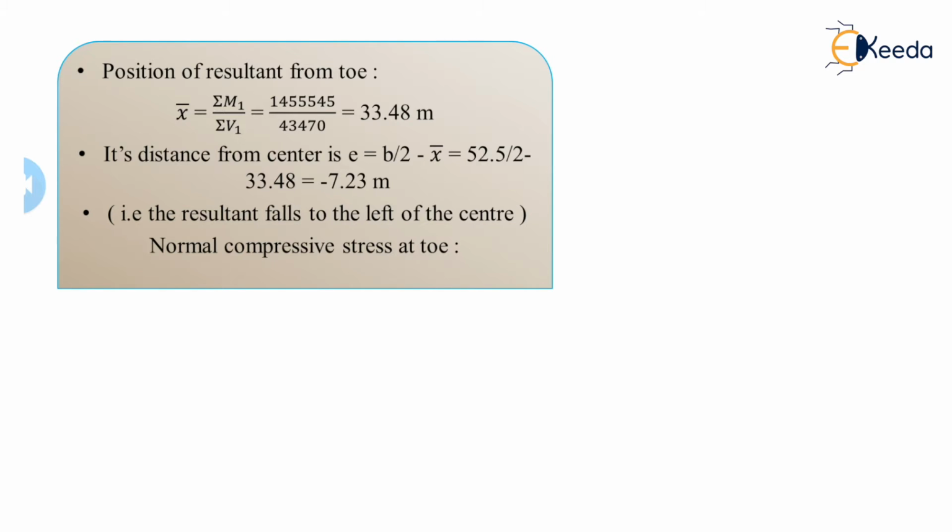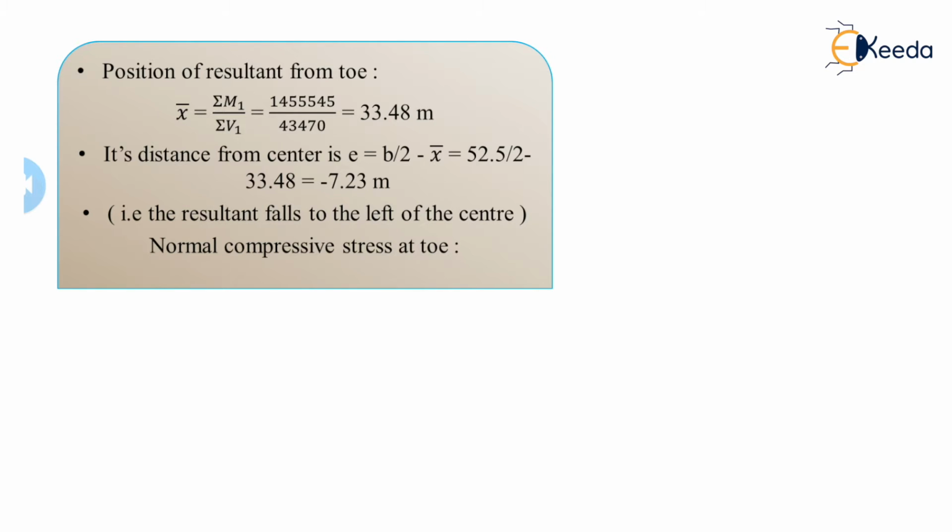That position is found using x bar equals summation of moment divided by summation of vertical forces. Summation of moment 1 means when the reservoir is empty, so we are only dealing with the self-weight in the reservoir empty condition. For this condition, x bar will be 33.48 meters.